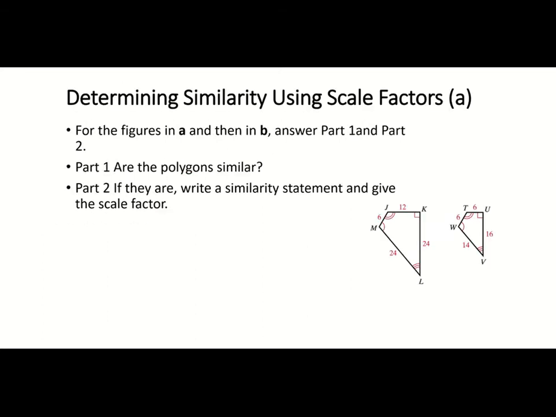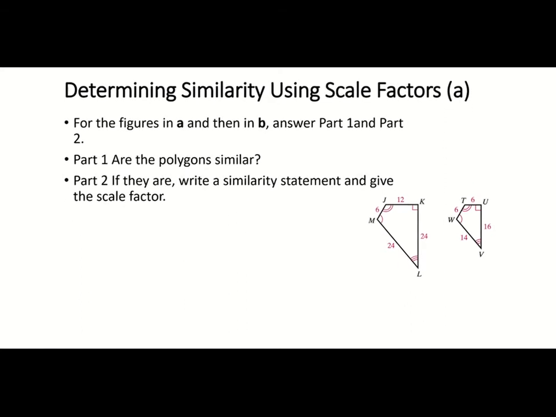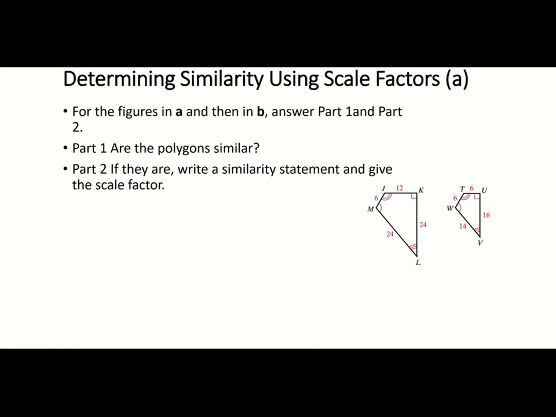All right, so here we are going to look at our 2 figures and determine if our figures are similar or not. We're going to start off and name our polygons by looking at the marked angles. So I know we have polygon J, K, L, M. So it's a quadrilateral.